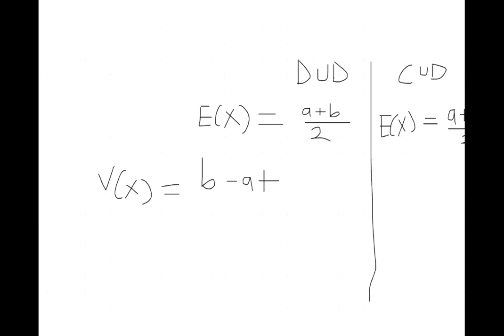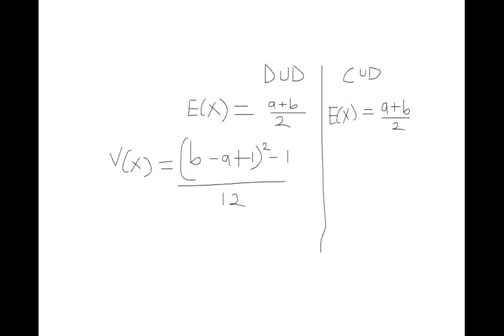Then you remove 1, and then you divide by 12. This will be the variance in the case of your discrete uniform distribution. But in the case of your continuous uniform distribution, it is going to be somewhat different.